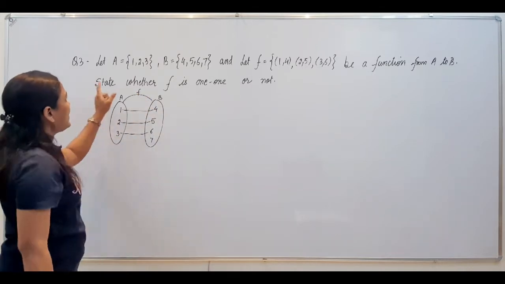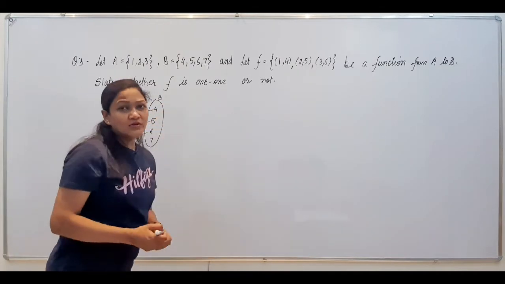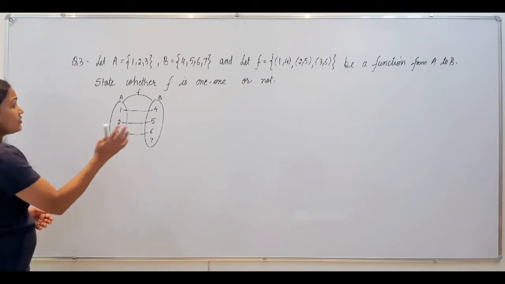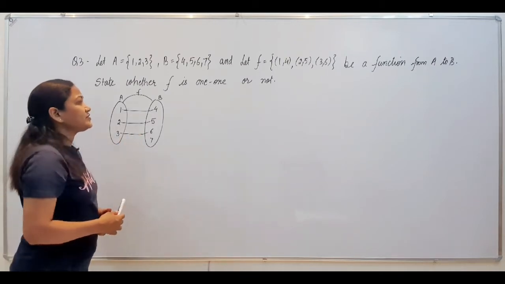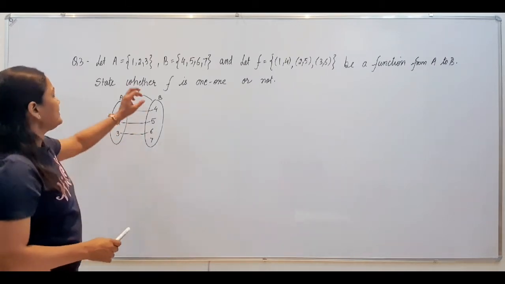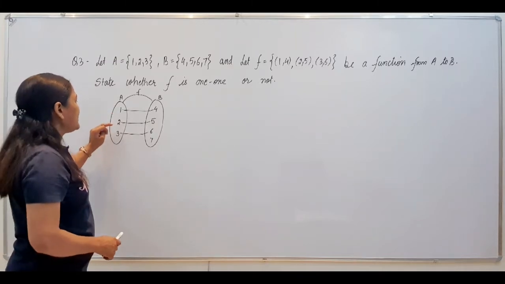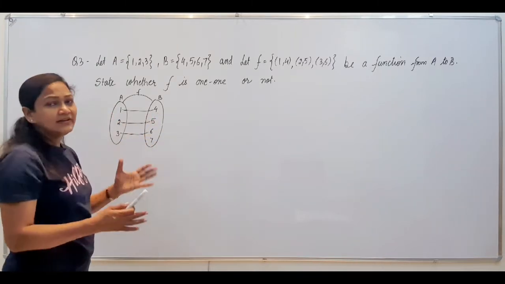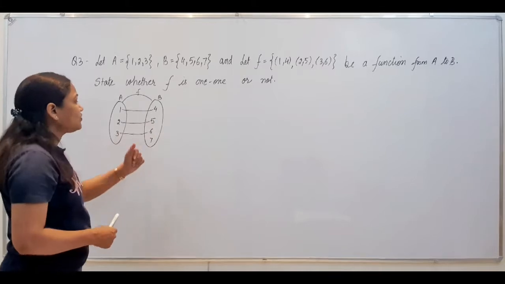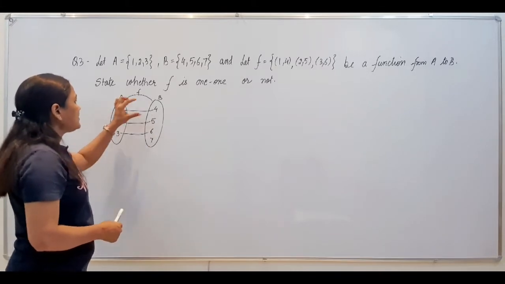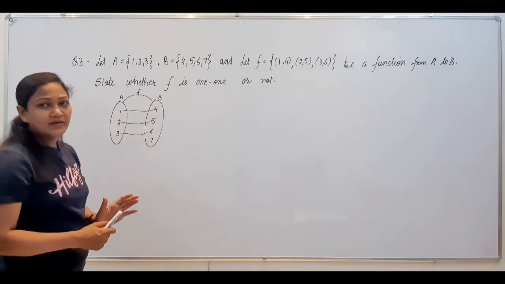So you have to state whether f is 1-1 or not, or onto or not. तो आपका 1-1 एक function 1-1 कब होता है? When each and every element of domain have different images in the codomain, और इनकी भी different, सबकी images different बन रही है.